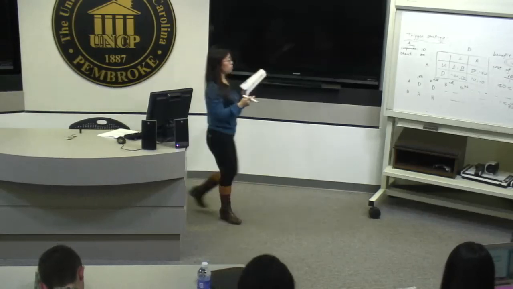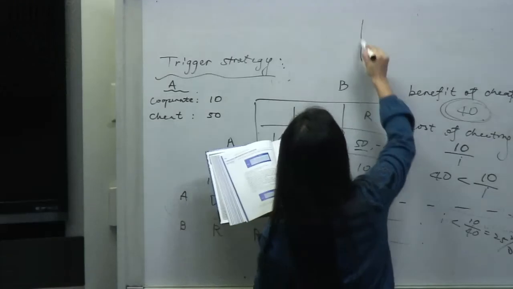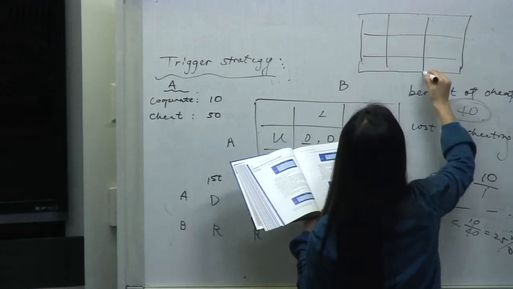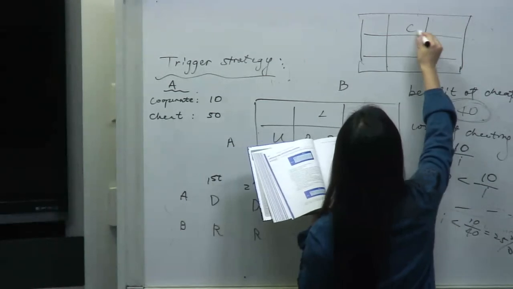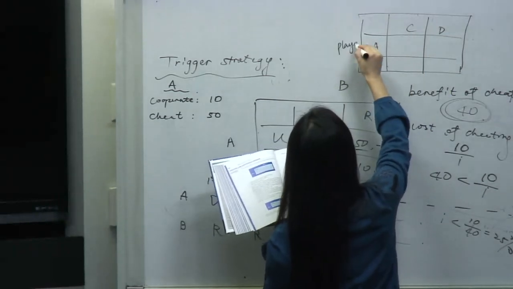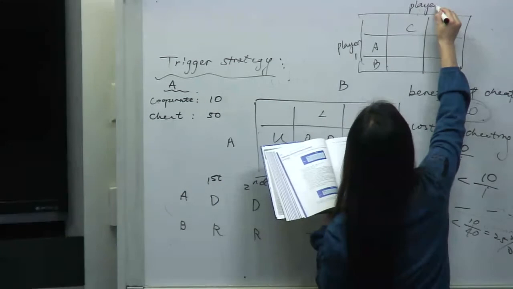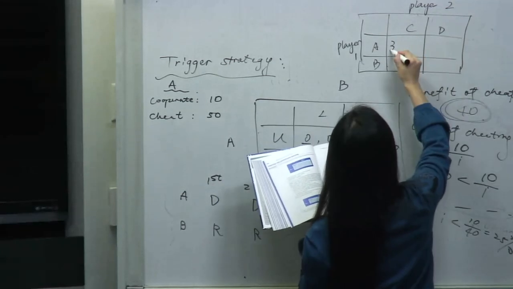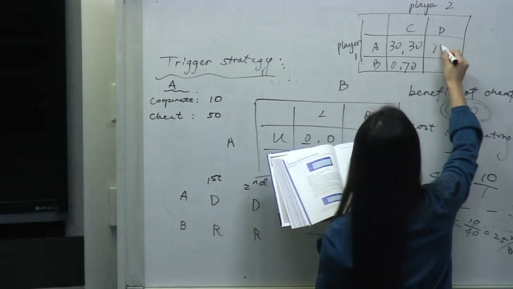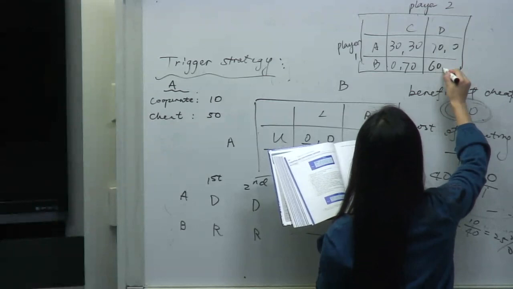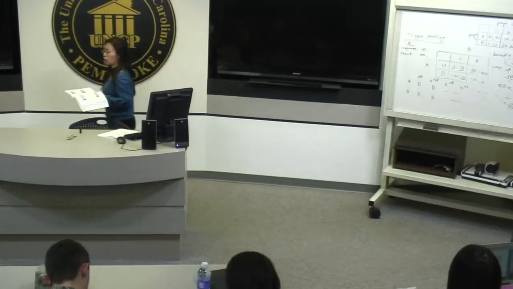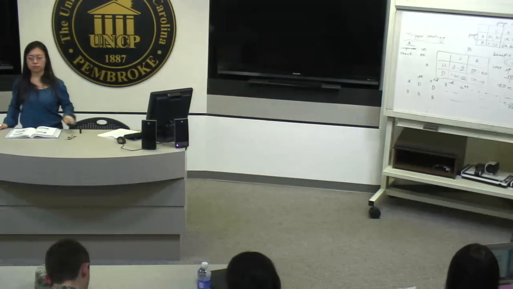This is a normal form game. It's like this: 70, 70, 0, 60, 60. Okay? First, identify the one-shot game Nash equilibrium.